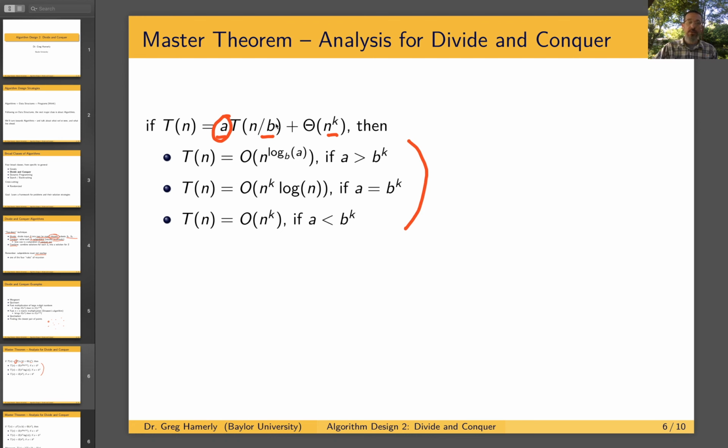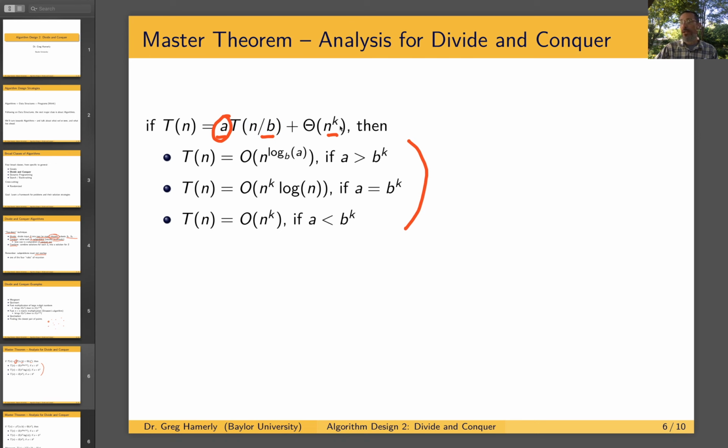b is the size that we're using to divide our work. So if we started with n elements, our recursive call is of size n divided by b. So b is the constant which tells us how much we're dividing our work by. And k is the order of the polynomial of the amount of work that we have to do at this level of the recursion.